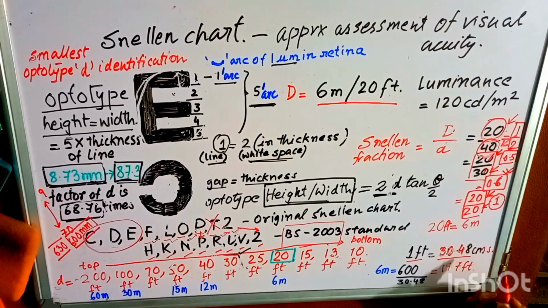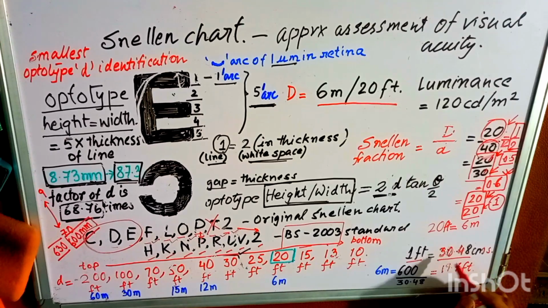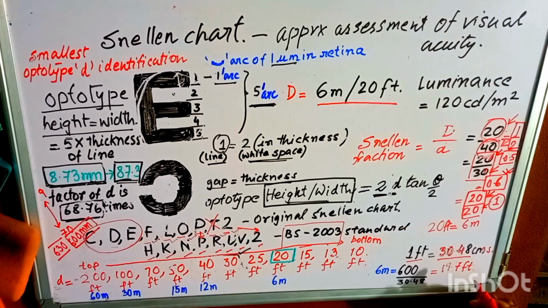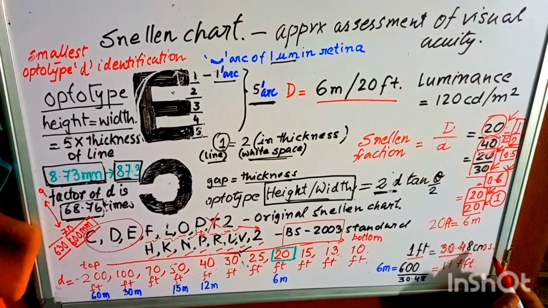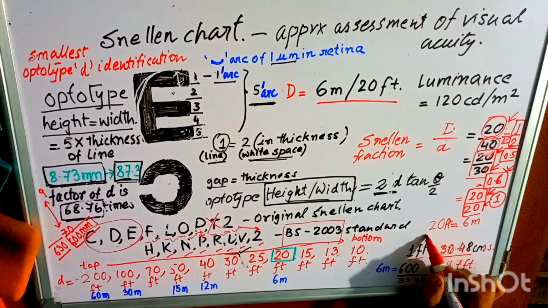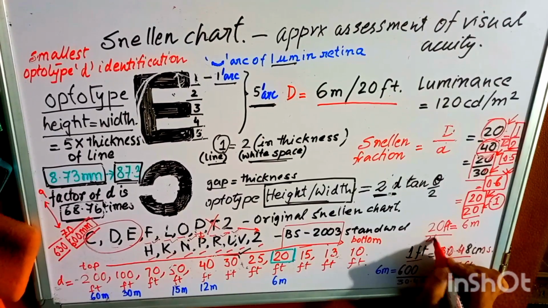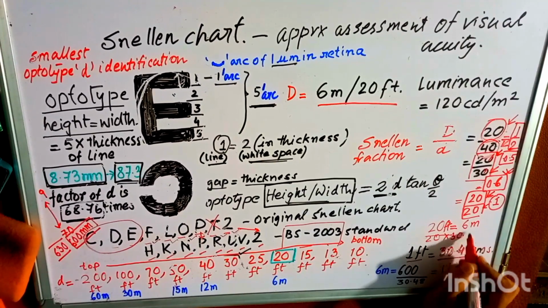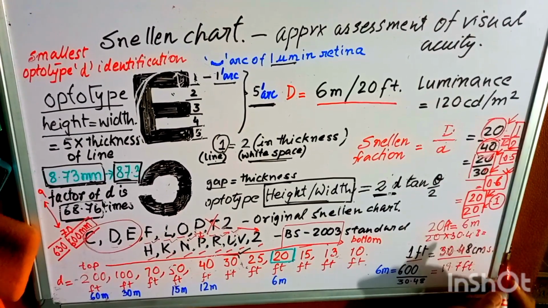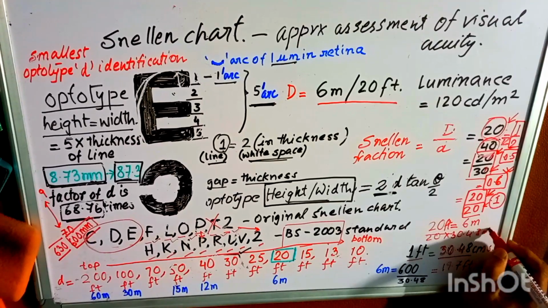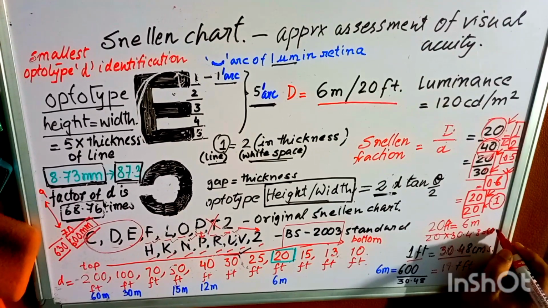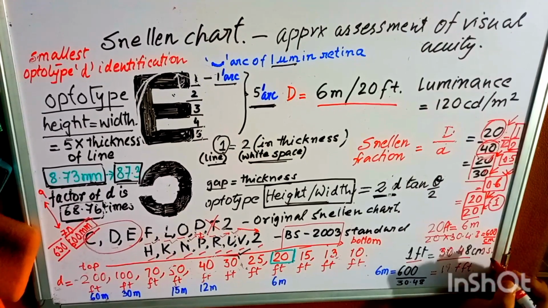So 20 into 30.48, roughly 20 into 30, is 600 centimeters, which is around 6 meters.